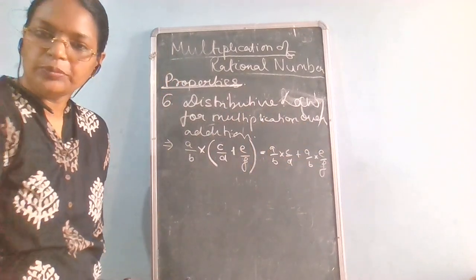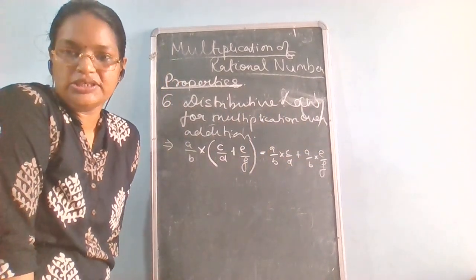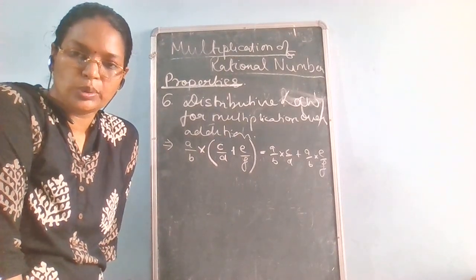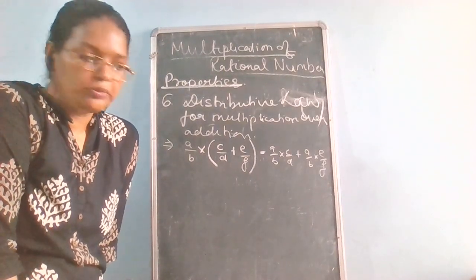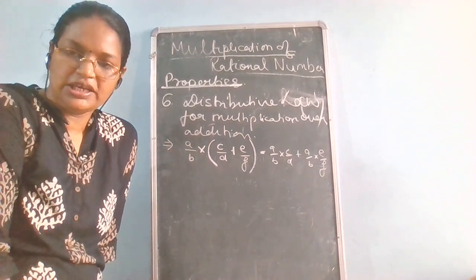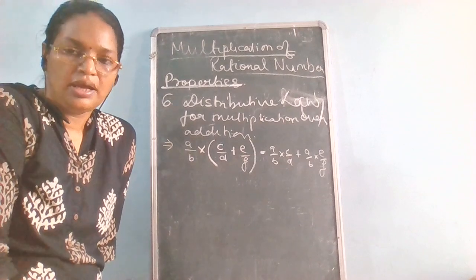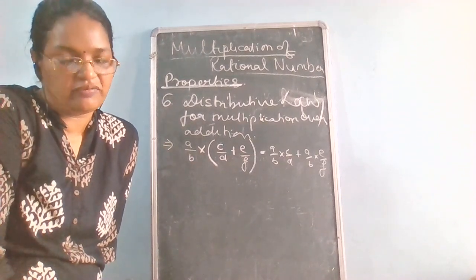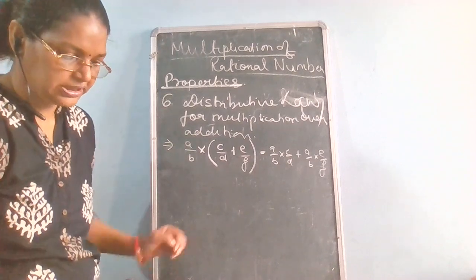This is not the new property, we have already done in integers, so it is nothing new. Verification check questions will come. I will upload one more video regarding the verification part. So verification questions can come in the long answer type questions, so you have to be very careful while doing the verification part.